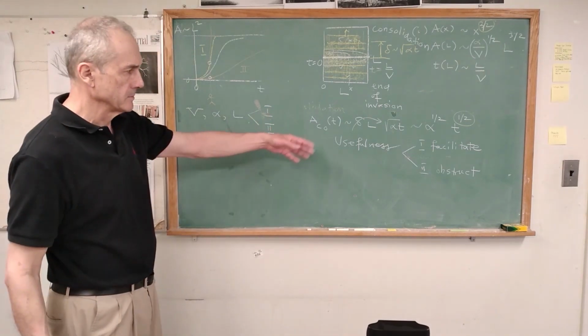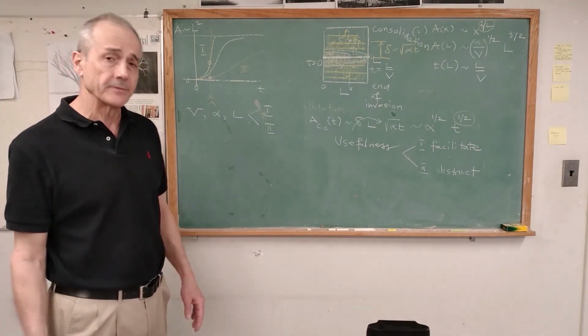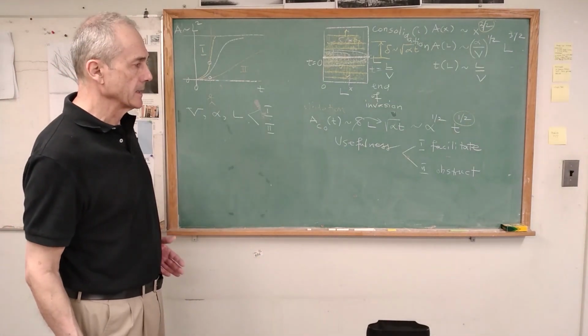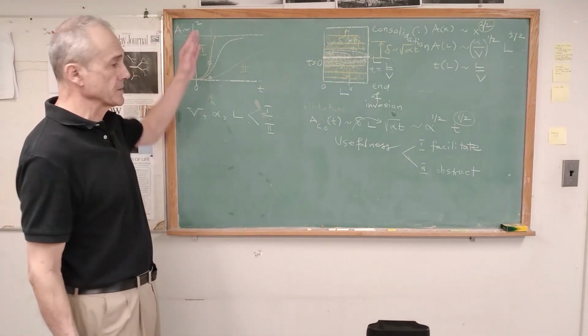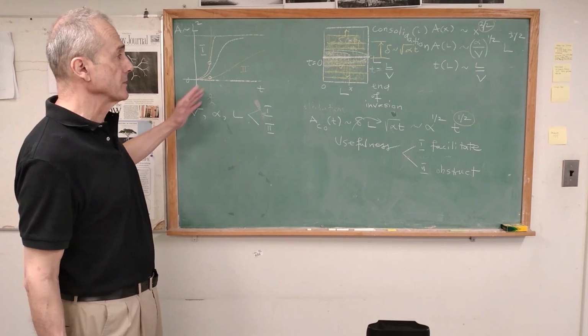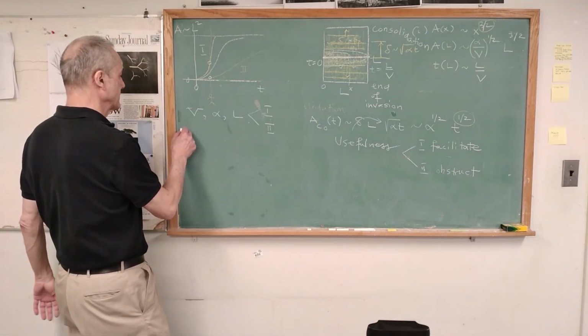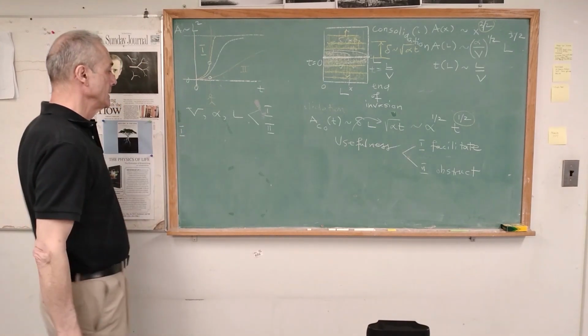Without going through the mathematics, I can argue with confidence that clearly the steeper S curve happens when this speed of invasion is greater. So let's just talk about Roman 1.